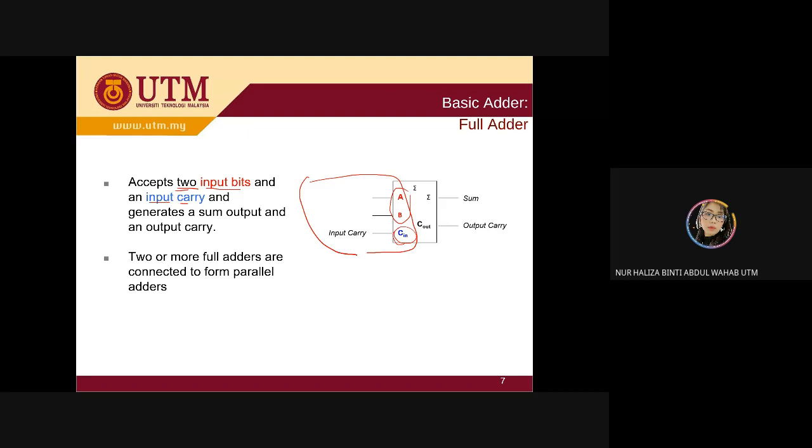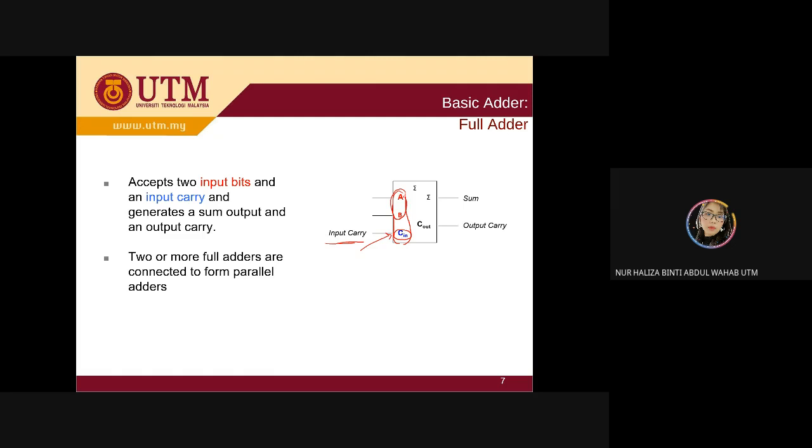But you can see later, if you want to add bits or numbers, you will use this from another carry out. I will show you later. But for now, you have 3 inputs for the full adder, and this one is called carry in. The value normally will be given only one, which is the initial value for carry in, and inputs A and B will be given. Why do I say that?